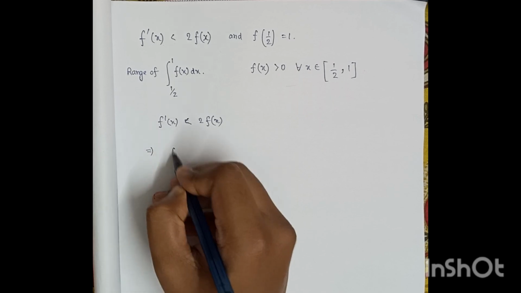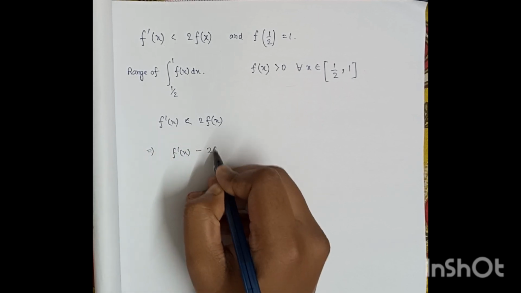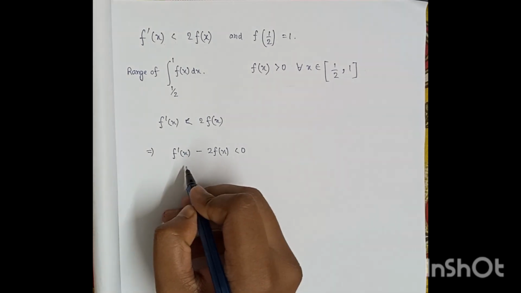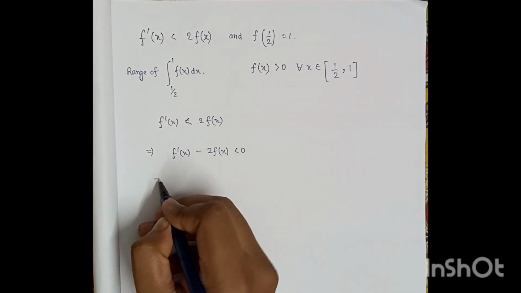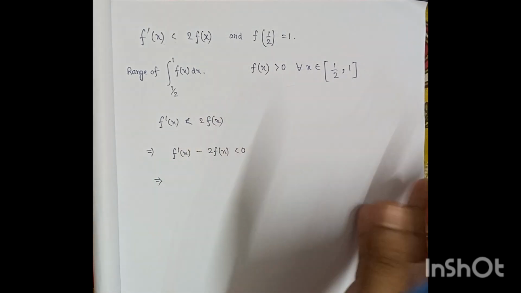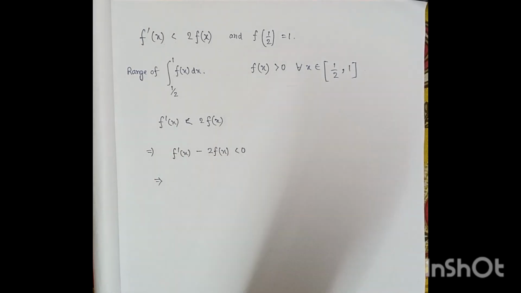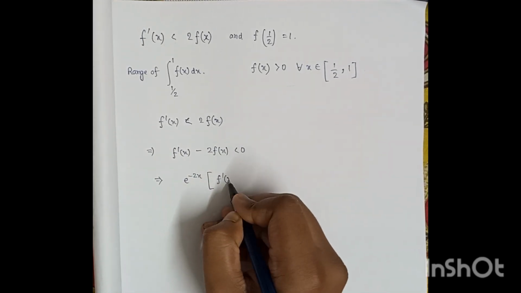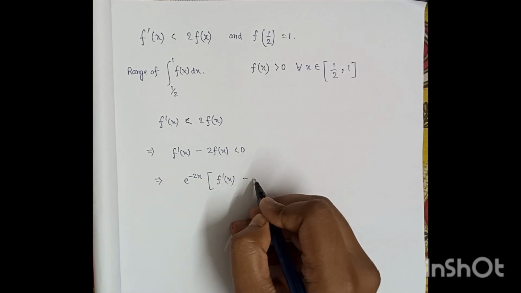So here we can write it as this. Now here if we multiply both sides by a positive number, e to the power minus 2x, what will happen?